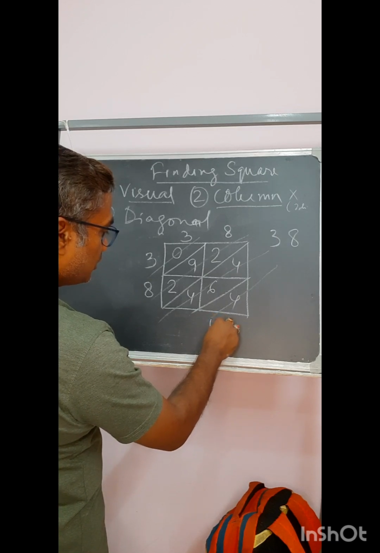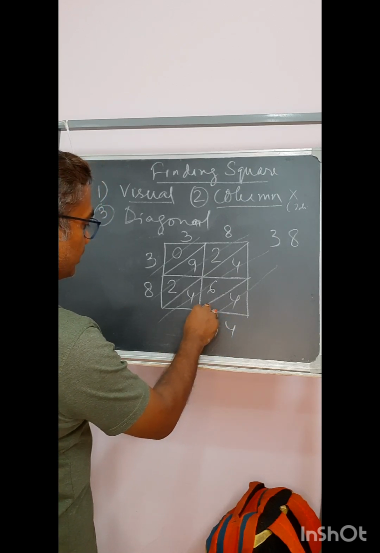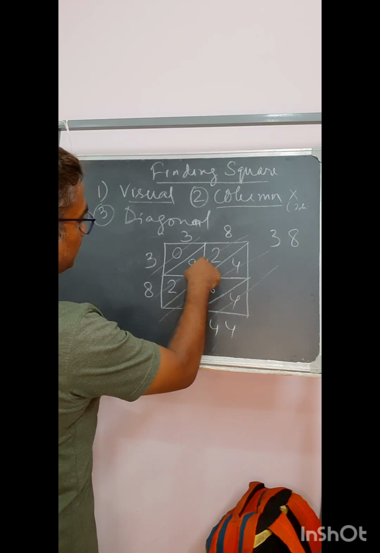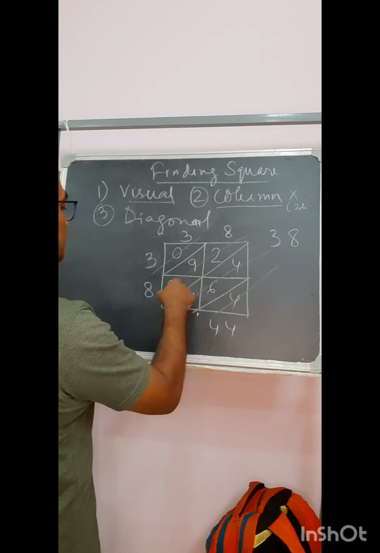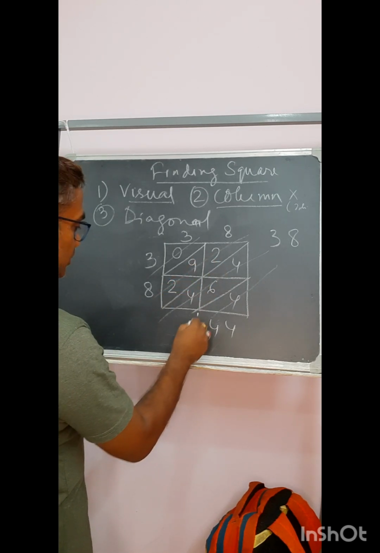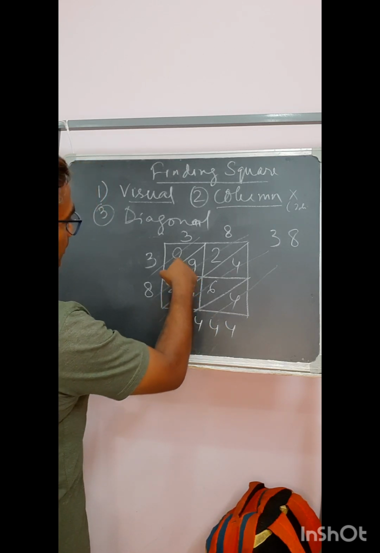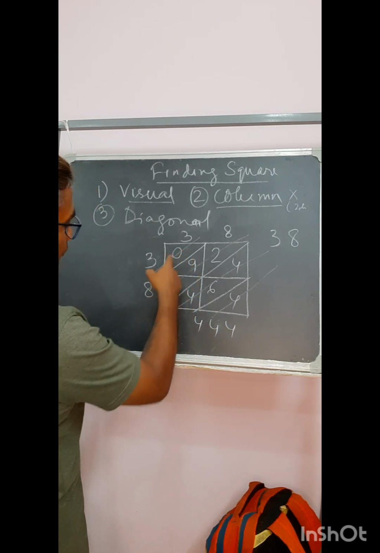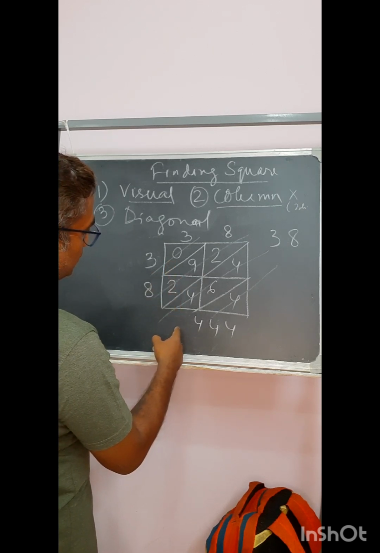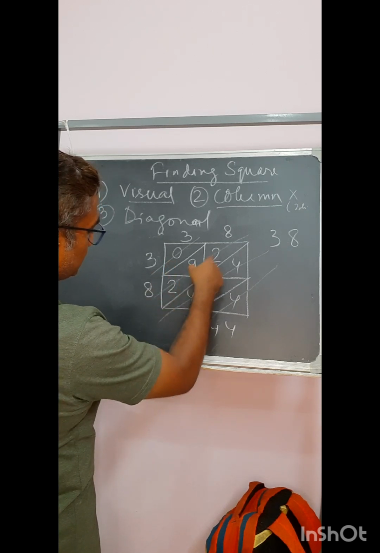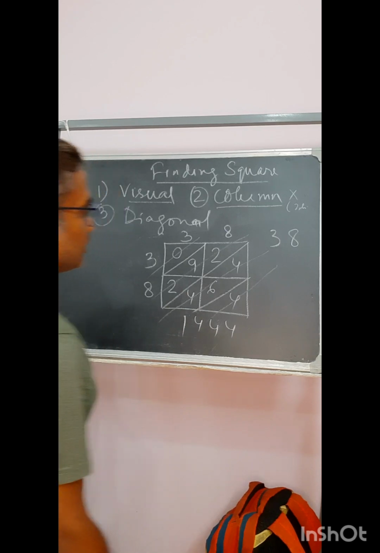So 4 I will keep here, 1 will be carried forward. The 9 plus 2 is 11, plus 2 is 13, plus 1 is 14 here. And here nothing is there, 0. So I will get 1 here, because I carried, so 1 here.